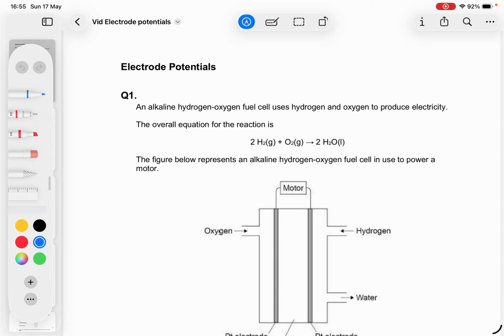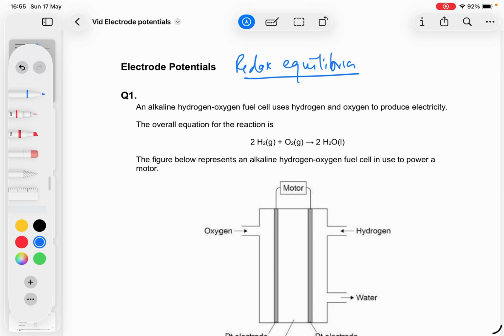In order to understand this topic, it's really important to revisit the redox topic that was done in year 12. And the key thing to note, if I do a bit of a summary of what this topic is about, it's about a chemical reaction that generates energy or generates electricity.